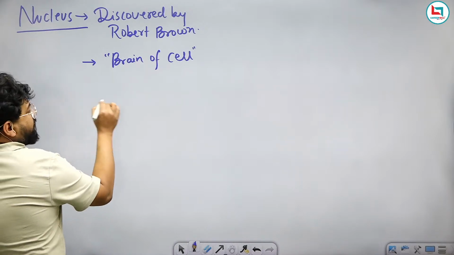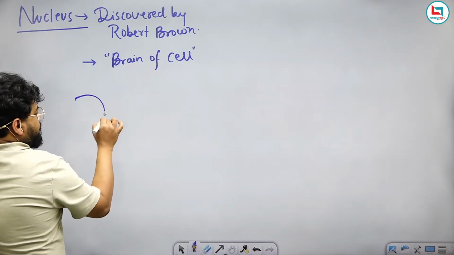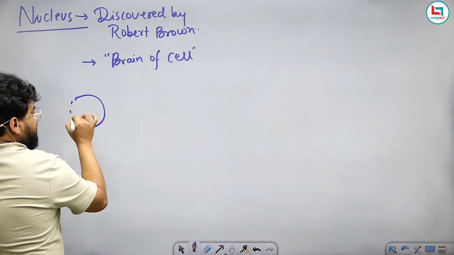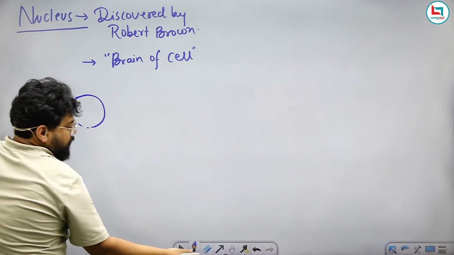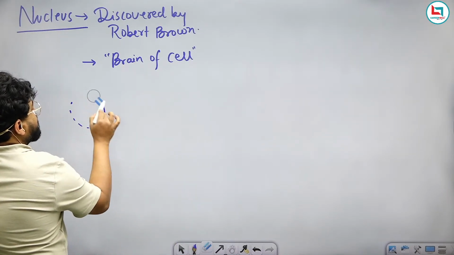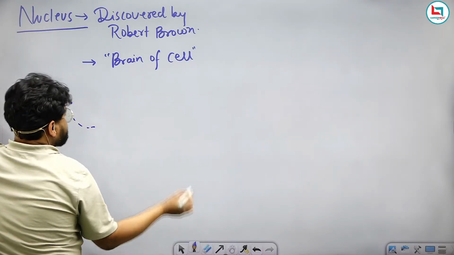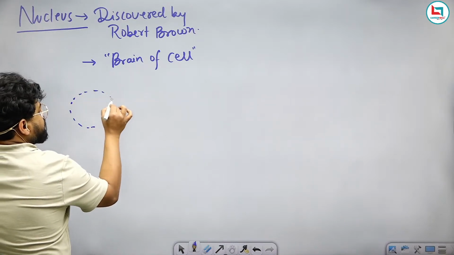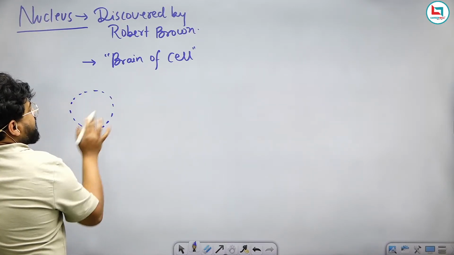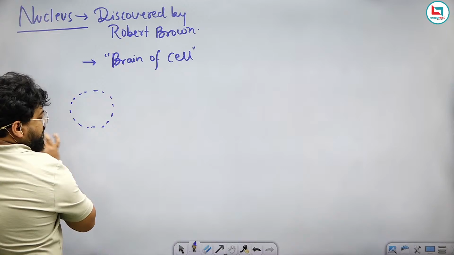Now, let us suppose this is the nucleus of a cell. It contains some pores. This is the complete nucleus.